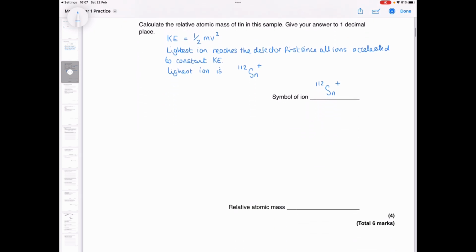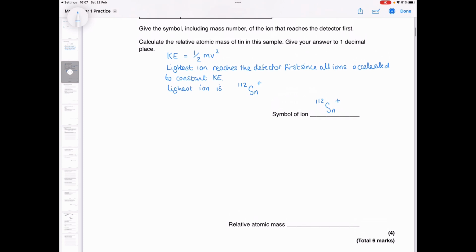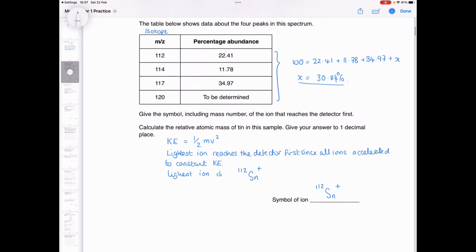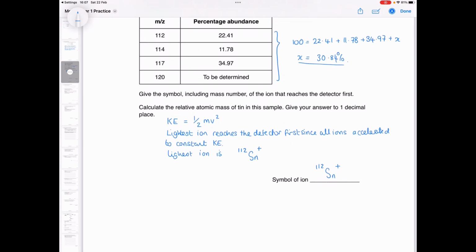The next part of the question asks us to calculate the relative atomic mass. That's using the isotopes and the percentage abundances. So what we need to do is multiply the mass of each isotope by its percentage abundance, like a weighted mean mass.